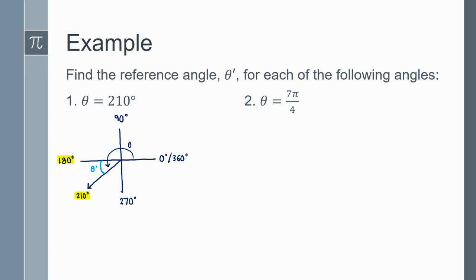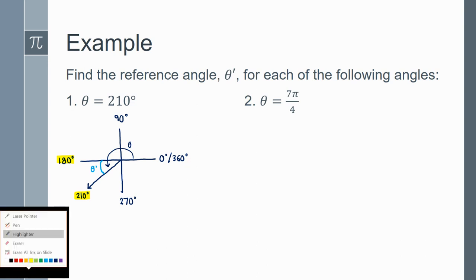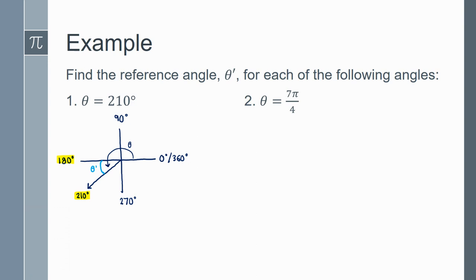Remember, it's closer to 180 than it is to 360. So I need to take those two numbers and do something with them to get my reference angle. Well, what I'm going to do is take the bigger angle, which is 210, and subtract 180 from it. Okay, 210 minus 180 is going to give us a 30-degree angle. And so notice that that is a positive acute angle. That's my reference angle. And that's my answer.